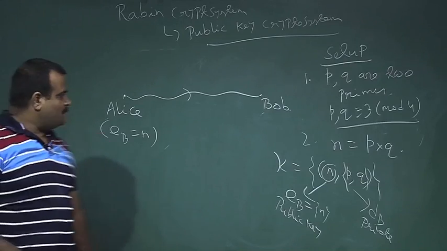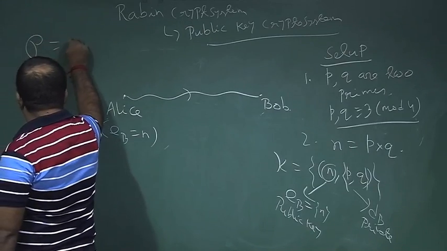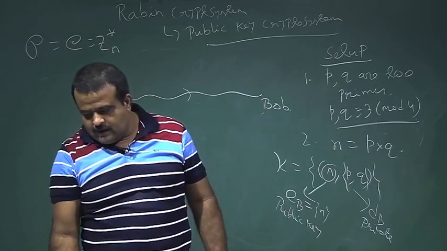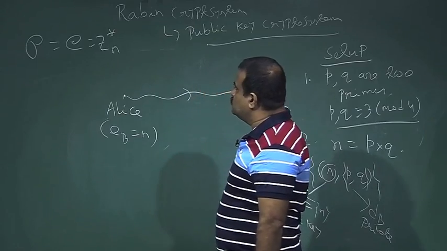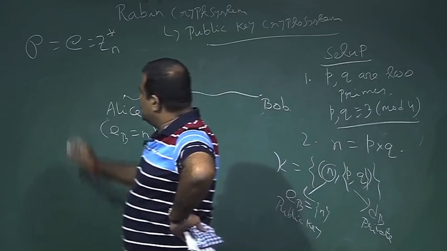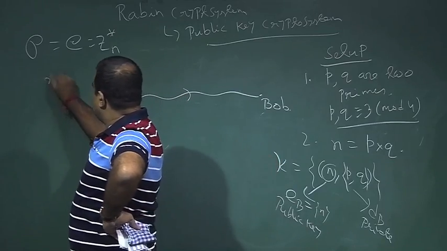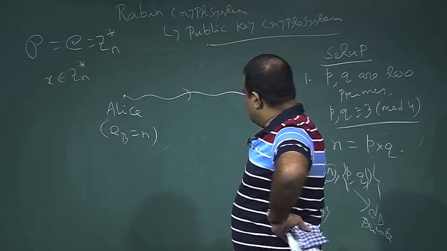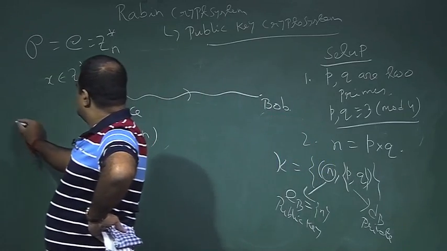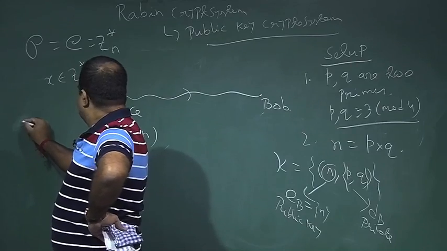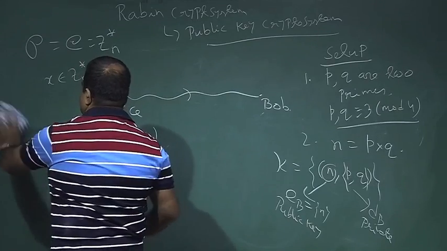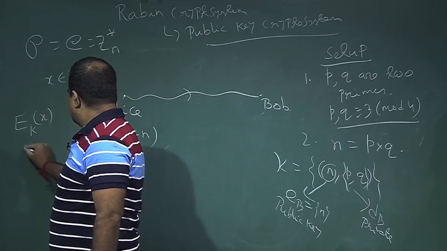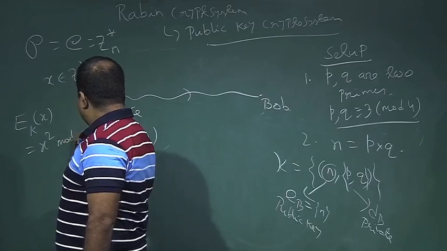Okay. Now, the plaintext and ciphertext space is basically Z_n star. So, Alice will choose a plaintext from Z_n star. Suppose x is the plaintext. Alice is choosing a plaintext from Z_n star, and Alice is having Bob's public key. So, what is the encryption? Encryption is basically e_K of x, where K is Bob's public key, which is x square mod n.